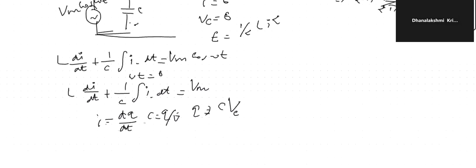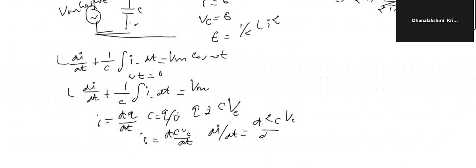Now we substitute q equal to C Vc. Then i is equal to d C Vc by dt. Then di by dt is equal to d squared C Vc by dt squared.